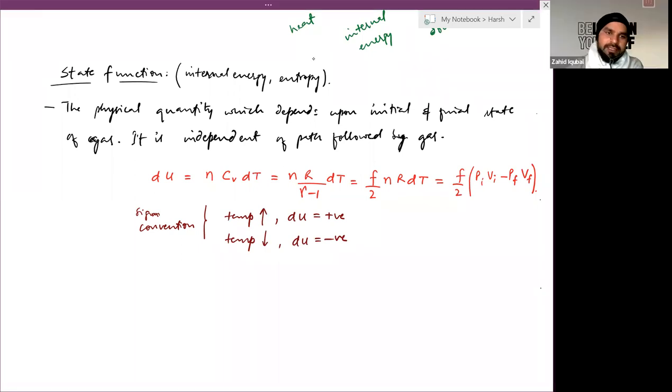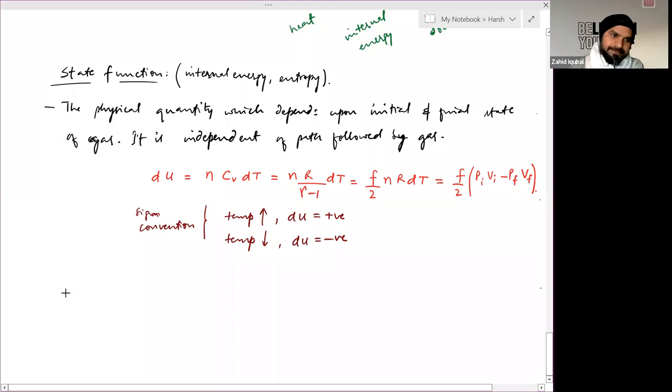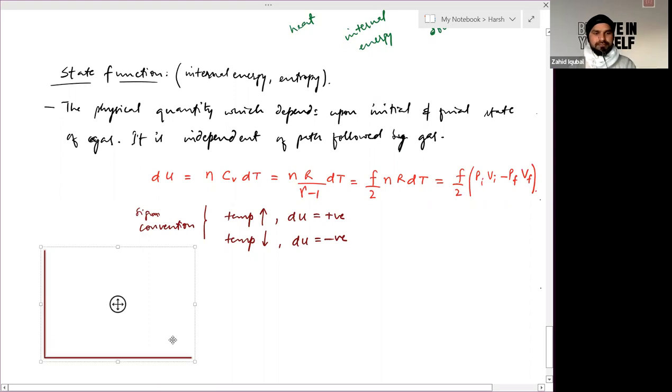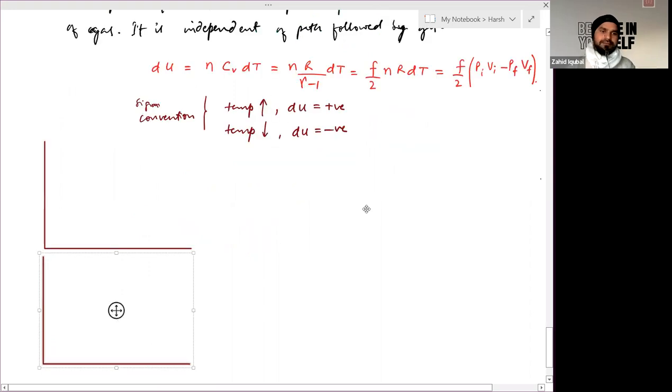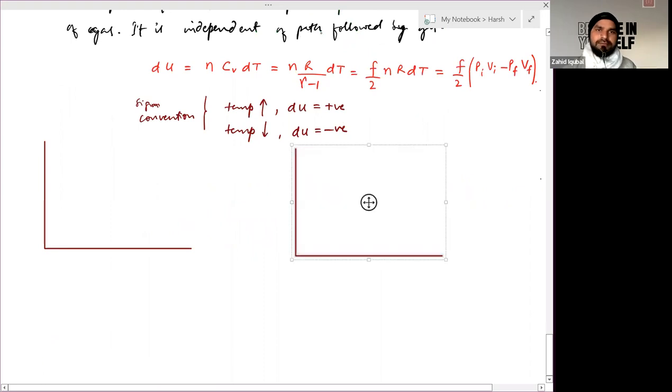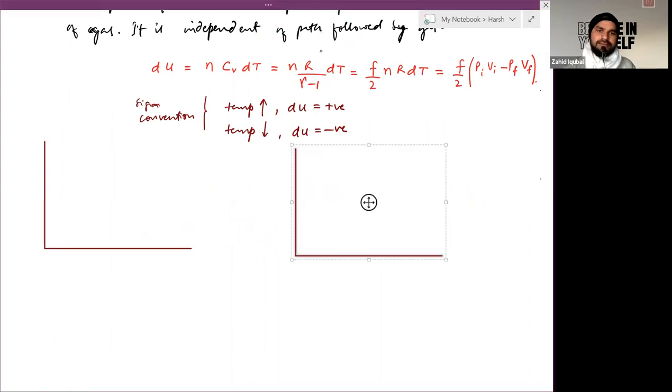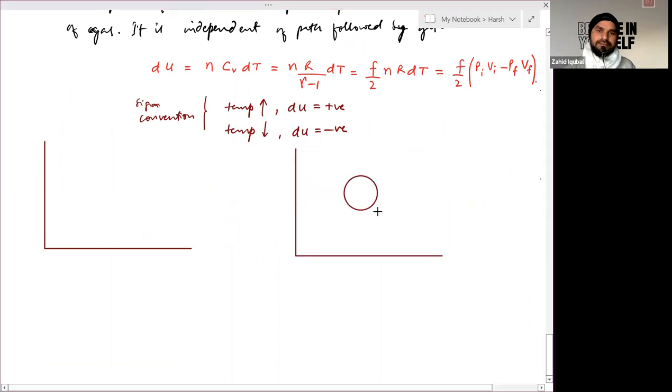Now we may define a graph related to this part. This is pressure versus volume.